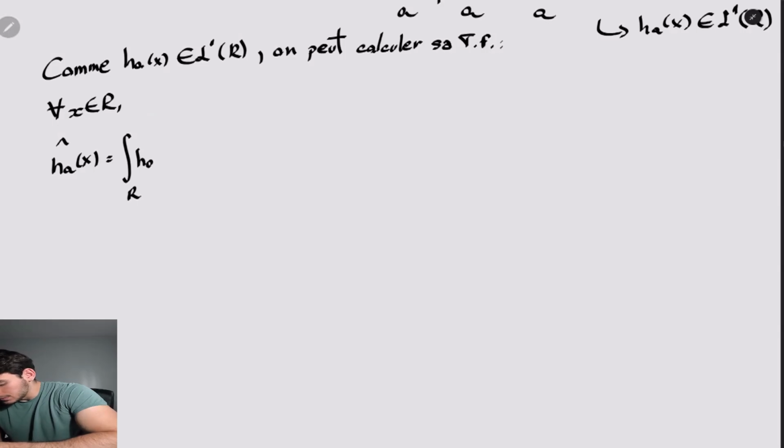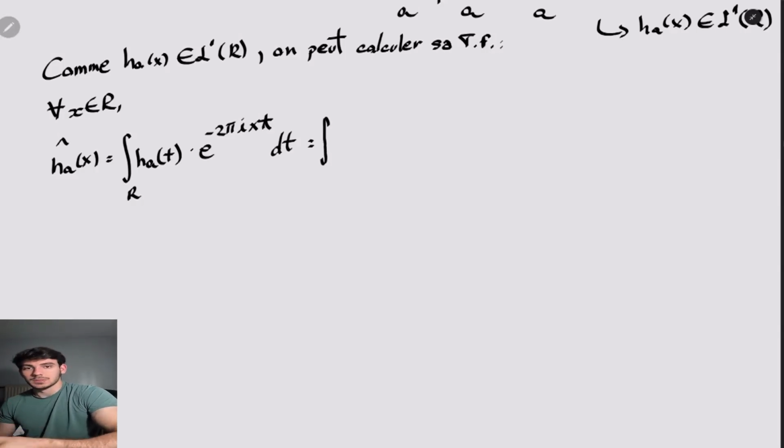So here we're going to integrate h_a of t times the exponential of minus 2 pi i x t dt. That's basically writing, once again, dividing the intervals in positive and negative because of the same thing.